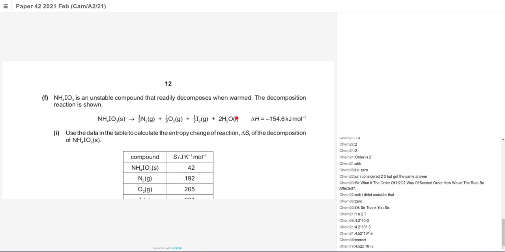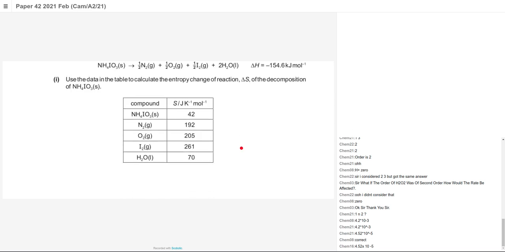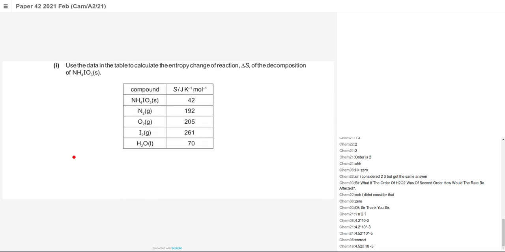Ammonium iodate is an unstable compound that readily decomposes when warmed. The decomposition reaction is shown. Use the data in the table to calculate the entropy change for this reaction. Entropy change of the system is the total entropy of the products minus the total entropy of the reactants.